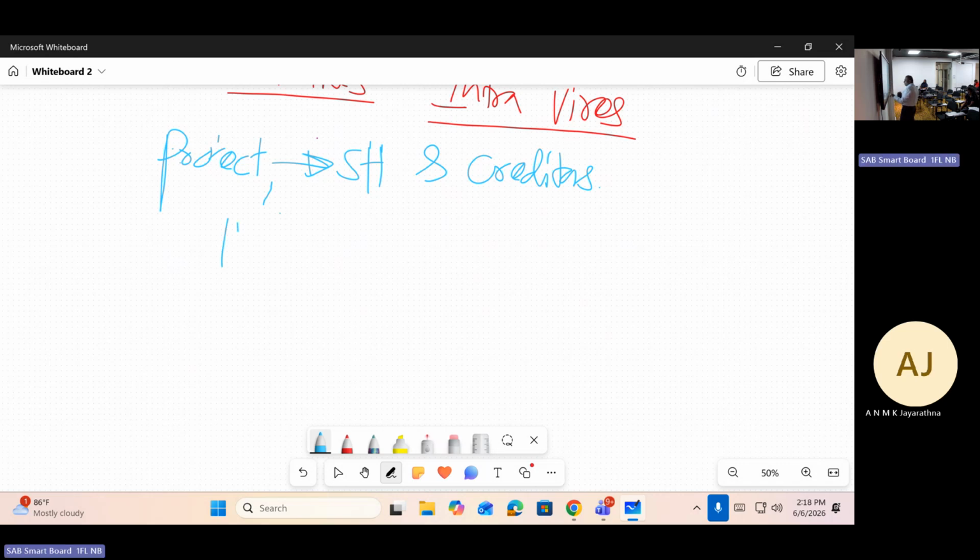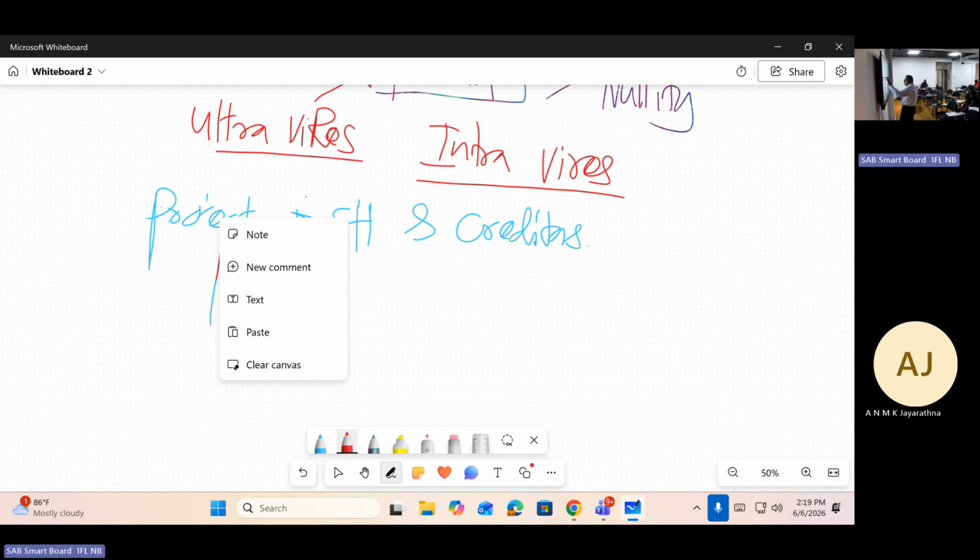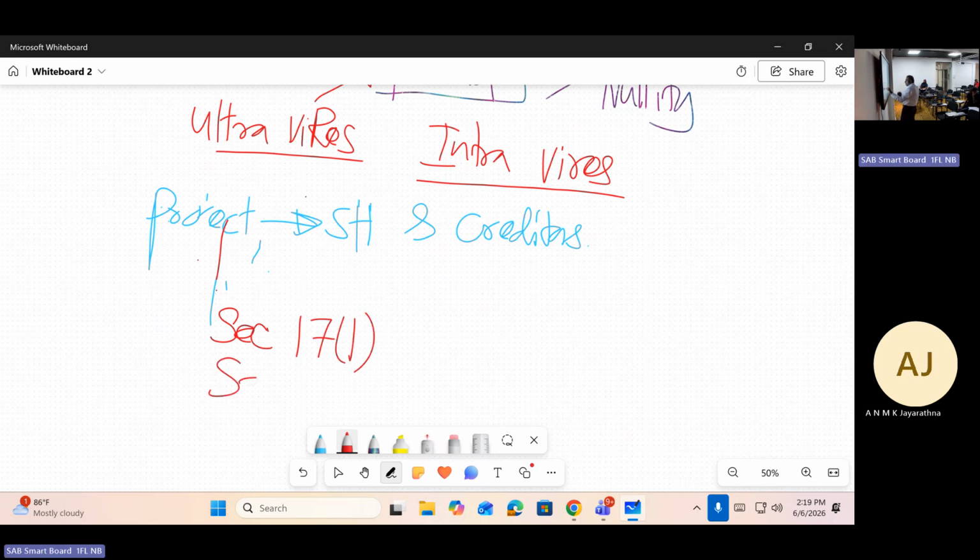Very important. They are section 17 subsection 1 and section 17 subsection 2.